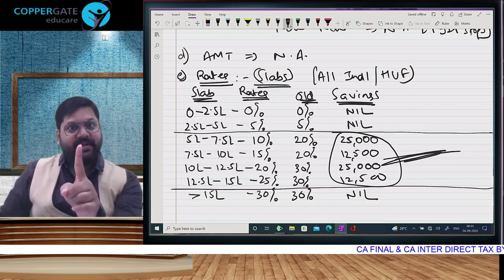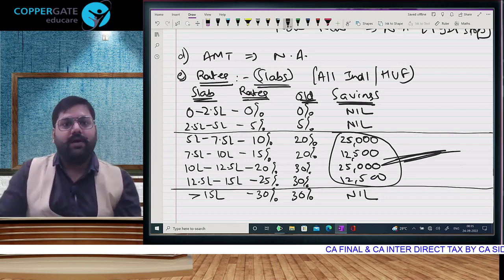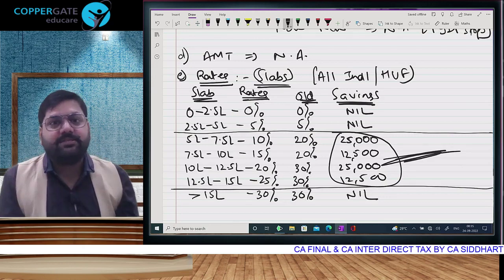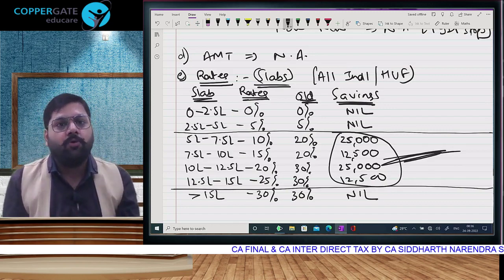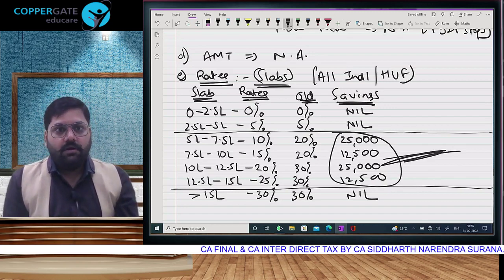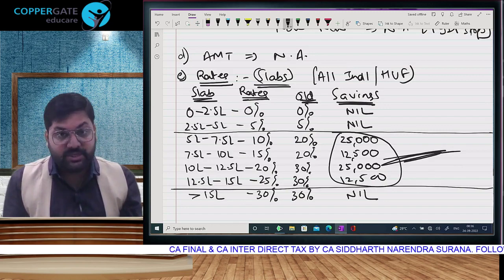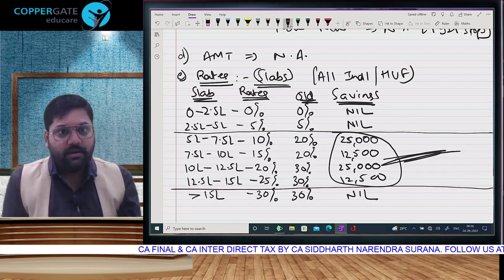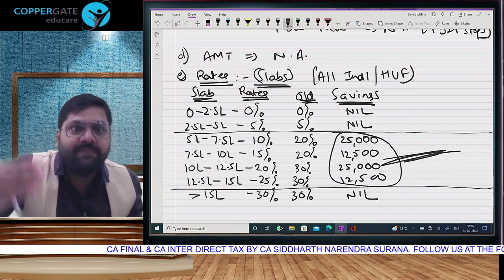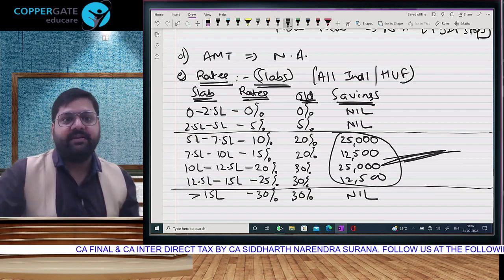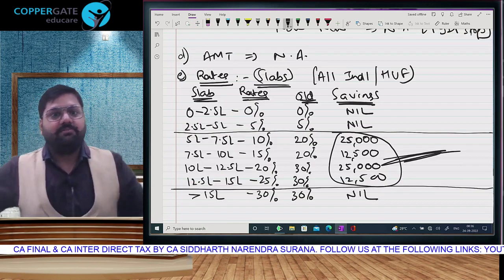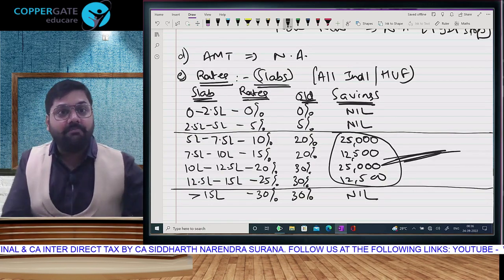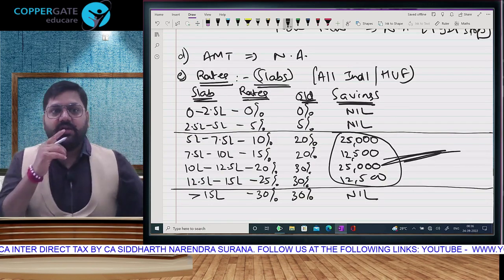I'll speak one sentence. If you understand this, I will go ahead. If new regime is beneficial for me, the benefit can be maximum 75,000, not more than that. But if new regime is prejudicial, harmful to me, the harm can be unlimited, infinite.